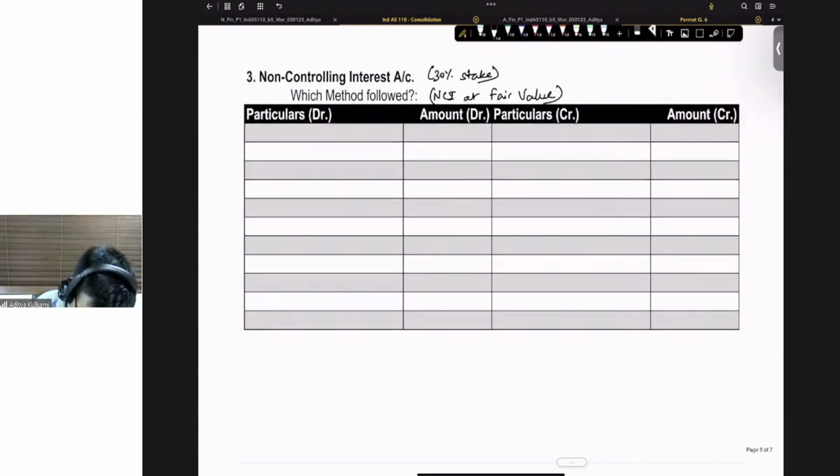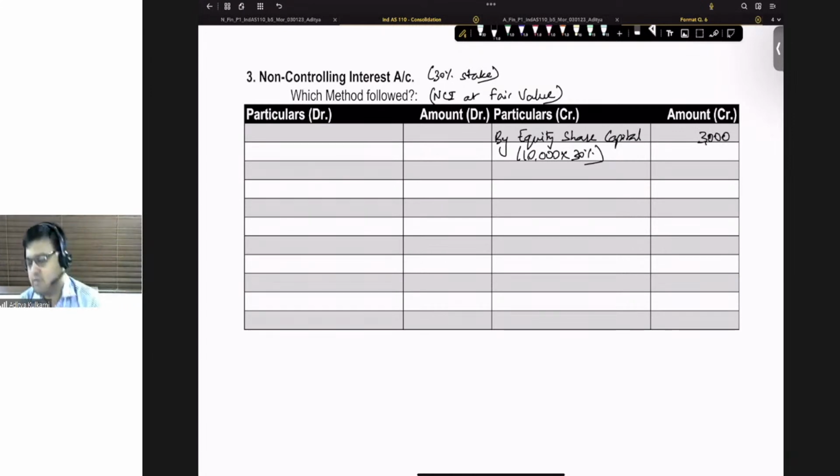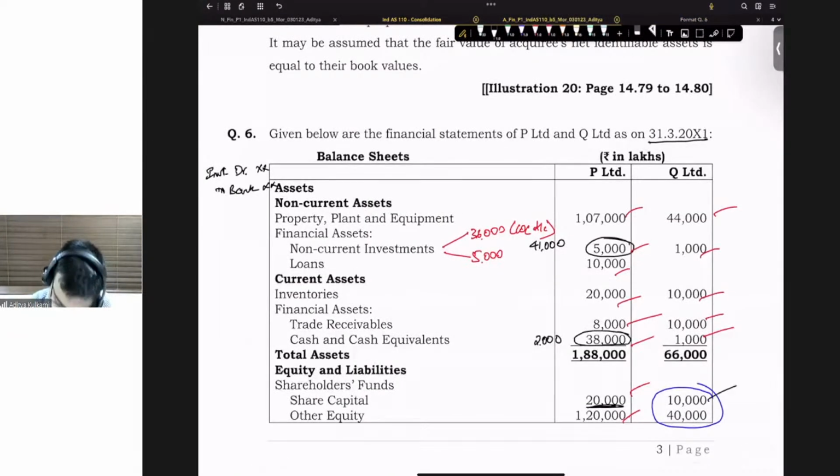The balance 3,000 will go to NCI by equity share capital. 10,000 into 30%, 3,000 goes to your NCI. Okay, so that takes care of equity share capital. So we have done this.